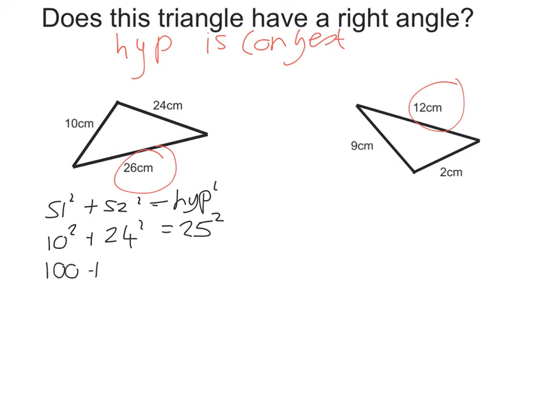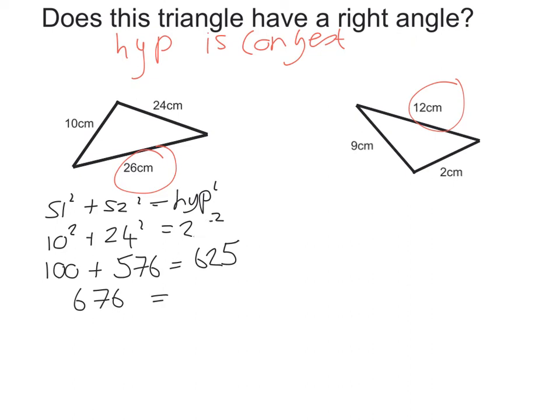10 squared is 100. 24 squared is 576. So 100 plus 576 is 676. Sorry, I've just realised that I made a mistake there. I was wondering why this one wasn't working.